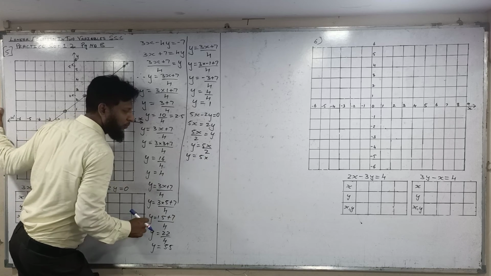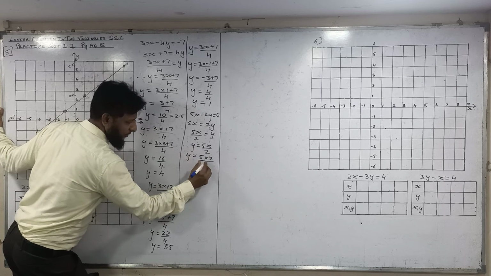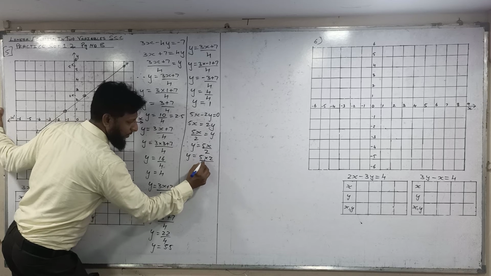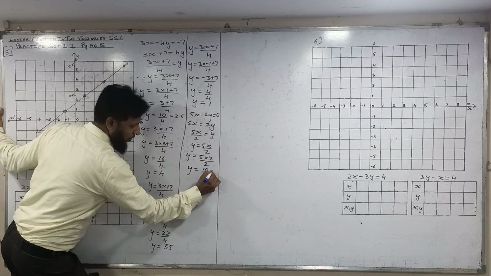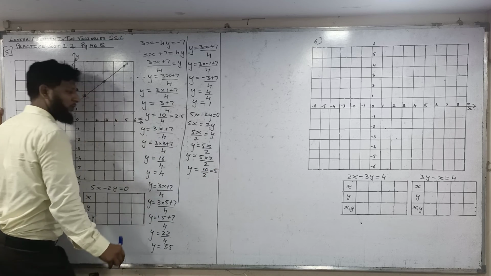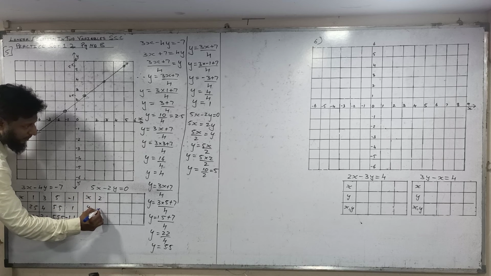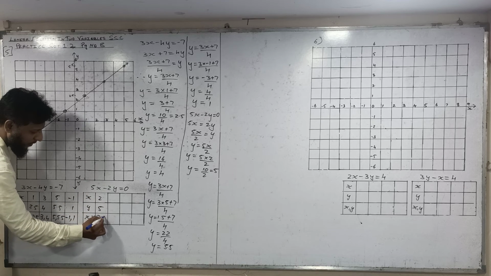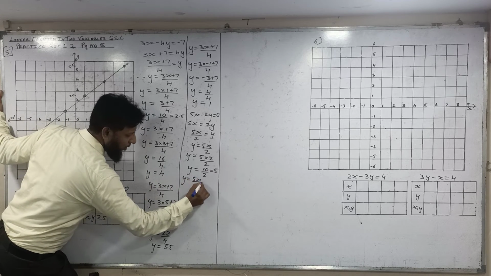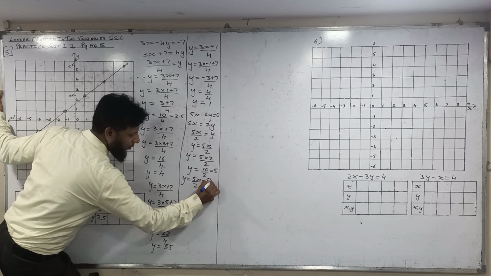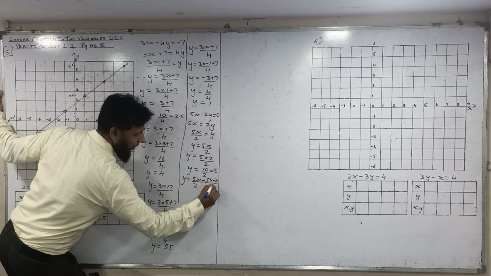So I will take value 1 or I will take value 2, because after 2 it is exactly divisible by 2. So y is equal to 5 2s are 10 upon 2, 5 2 1s are 2, 5 are. So when I have taken x value 2, I get the y value 5. 2 and 5. Now y is equal to again 5x upon 2 is equal to 5 into x value, take minus 2 upon 2.